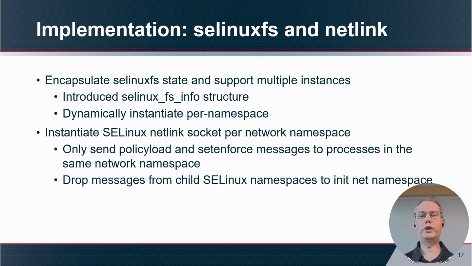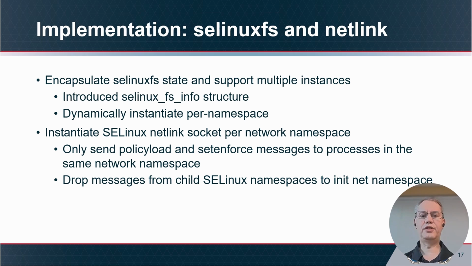To support cases where one wishes to use the SELinux netlink socket in child namespaces, support was added to instantiate that netlink socket per network namespace, so that there could be separate netlink sockets for each namespace in which one is leveraging this functionality.